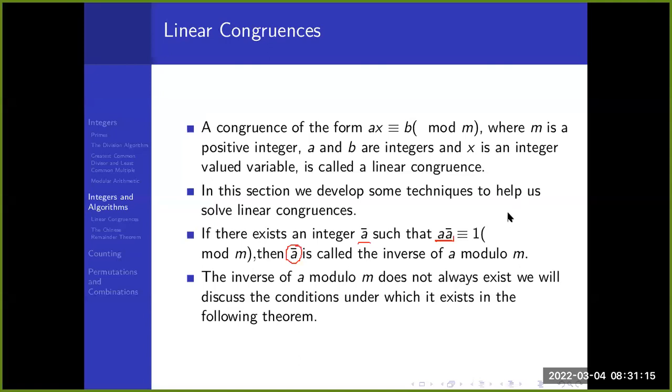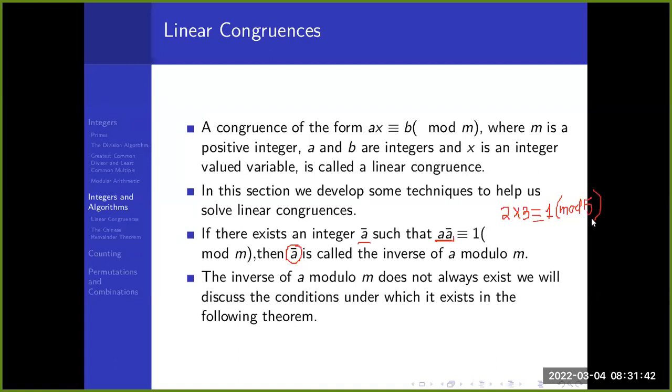So for instance, if you work modulo 5, if you have 2 times 3, it will be congruent to 1 modulo 5.